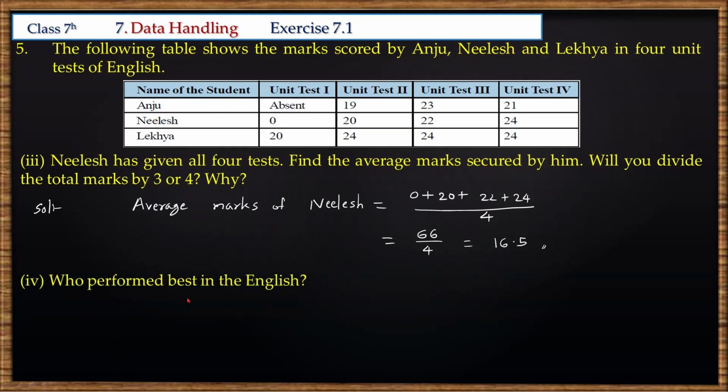Fourth bit. Who performed best in English? We have calculated average marks of all the 3 students. So observe the average marks of Lekhya is 23, Anju is 21, Nilesh is 16.5.